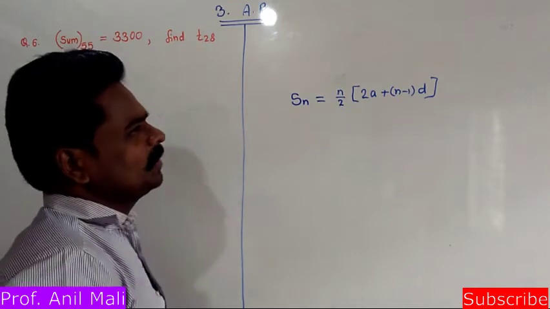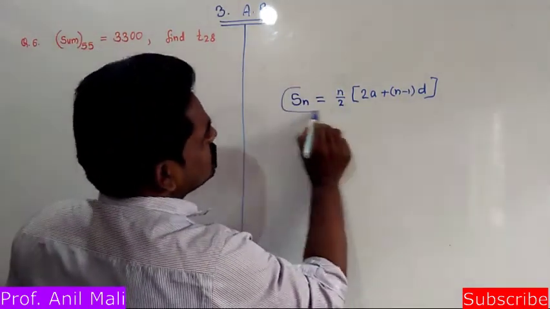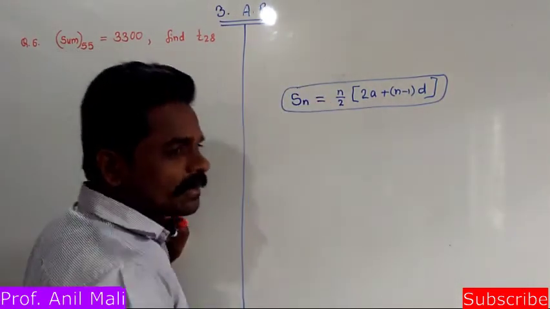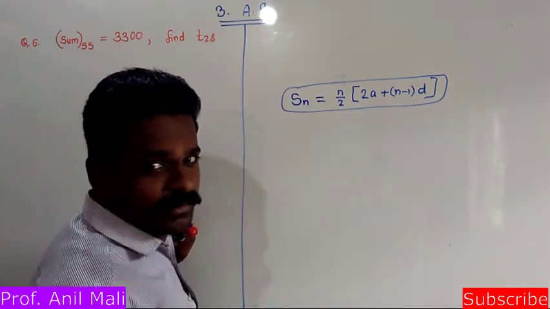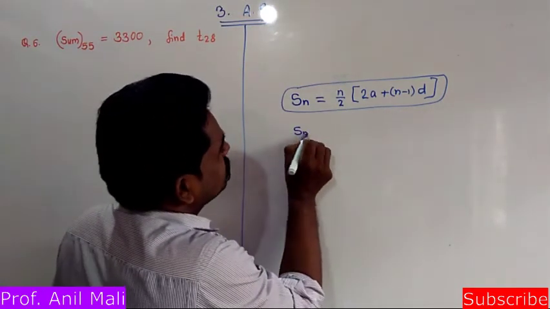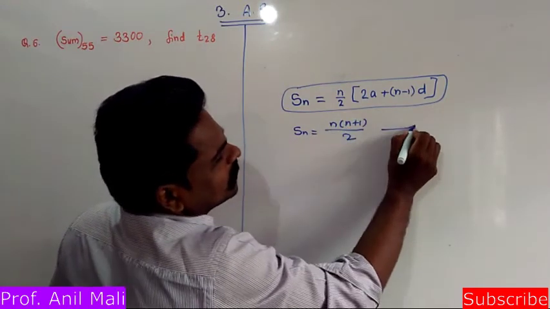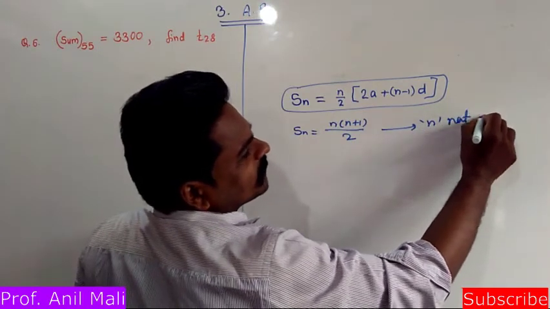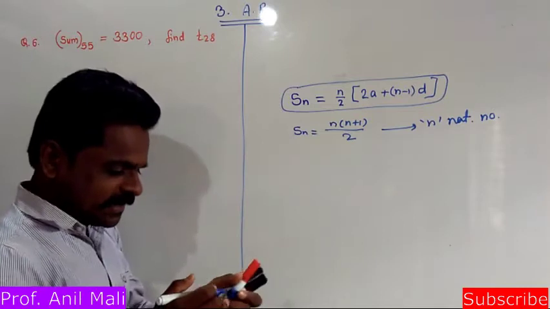Now see friends, this is your sum of first n terms. After that, the sum of first n natural numbers was given by Sn is equal to n into n plus 1 divided by 2. For n natural numbers, the formula was this.